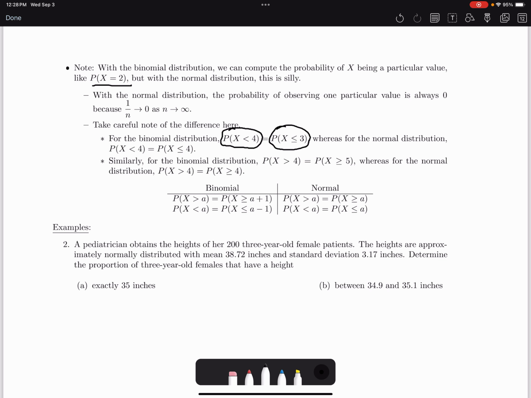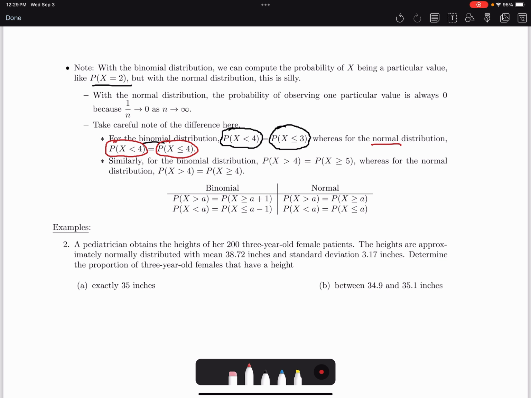Whereas for a normal distribution, okay, actually let me color code these so that it's easier to follow. Okay, so for a binomial, the probability that x is less than 4 is equal to the probability x is less than or equal to 3. But for a normal distribution, the probability that x is less than 4 is exactly the same thing as the probability that x is less than or equal to 4.